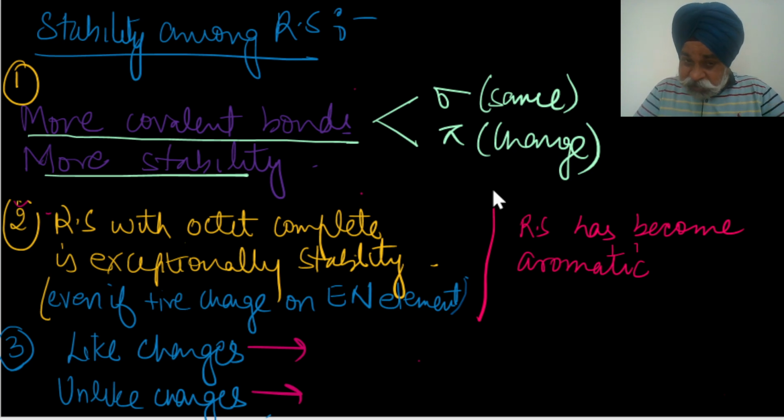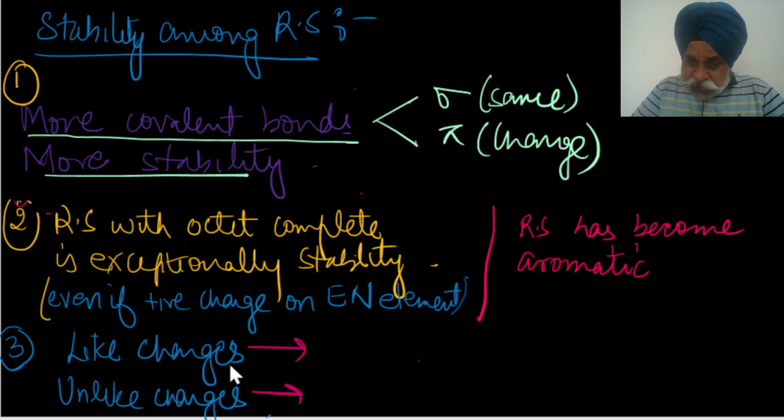Second, if this first point is not able to give you the right answer to the problem, then you have to look for the second point. The second point is that those resonating structures become exceptionally stable in which the octet of all the elements is complete. Even if an electronegative element carries a positive charge, it is quite stable if the octet of all the elements is complete. Or if, because of the resonance, there is attainment of some aromatic character, then also it is quite stable.